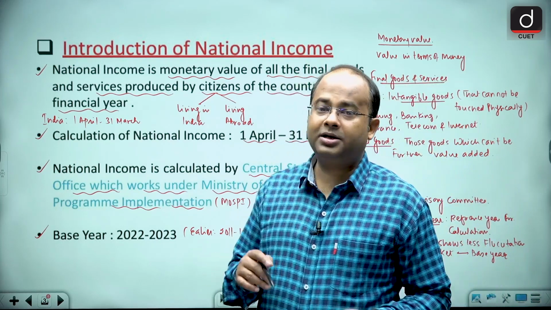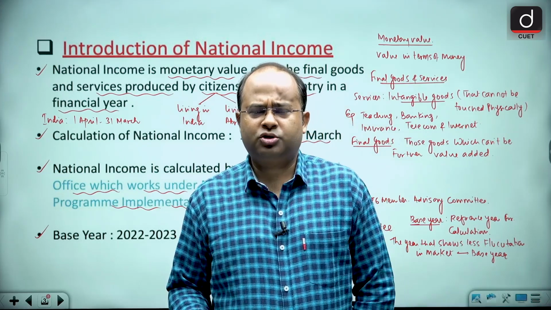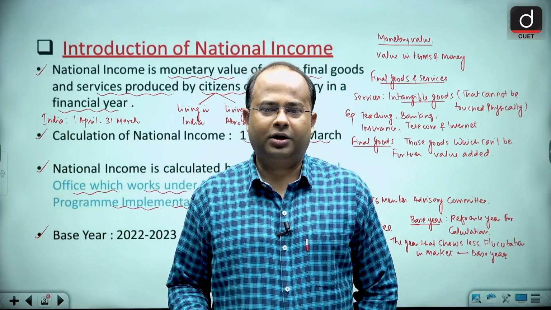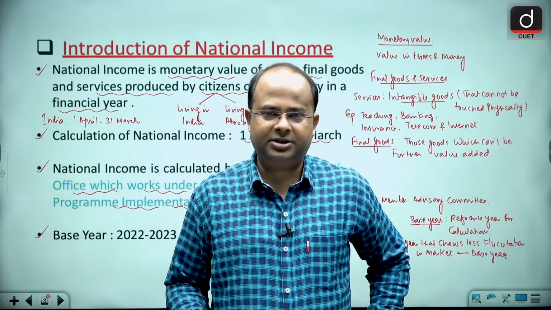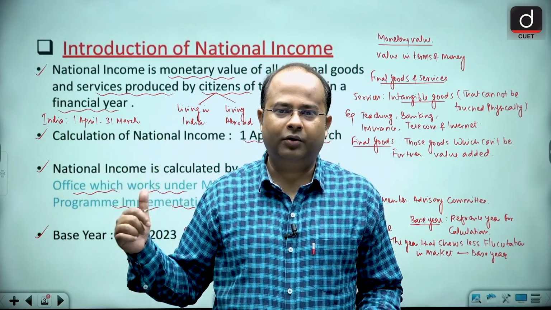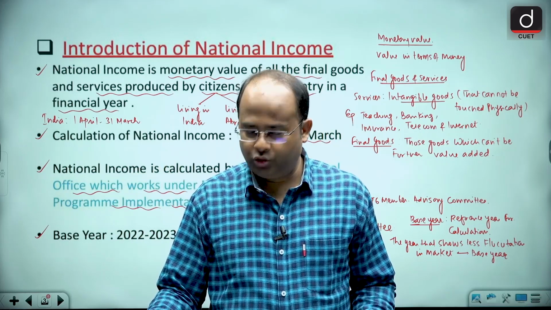Why is it taken as the base year? To make the calculation simpler. Earlier it was 2011-12, so it was a bit outdated. So finally it was decided to change the base year for calculation. Earlier it was 11-12, now it was changed to 2022-23.